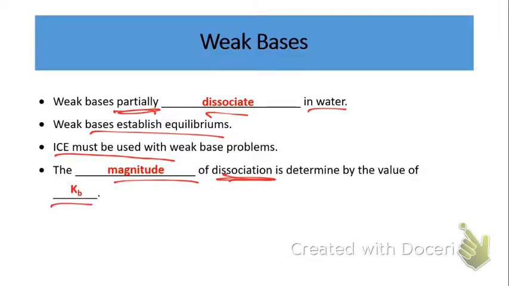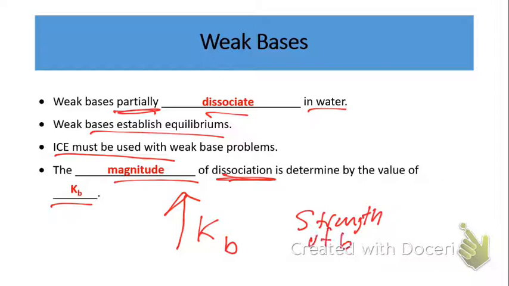As the Kb value goes up, the strength of the base goes up. The larger the Kb, the stronger the base, just like we saw with Kas, and the more product favored. The smaller the Kb, the more reactant favored.